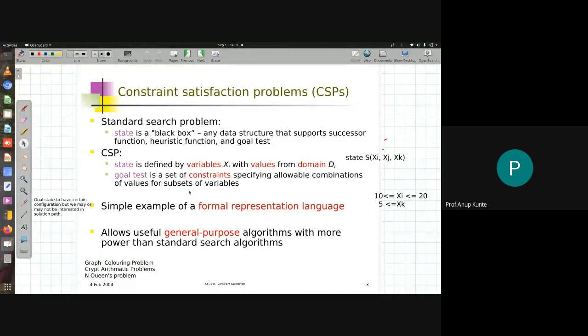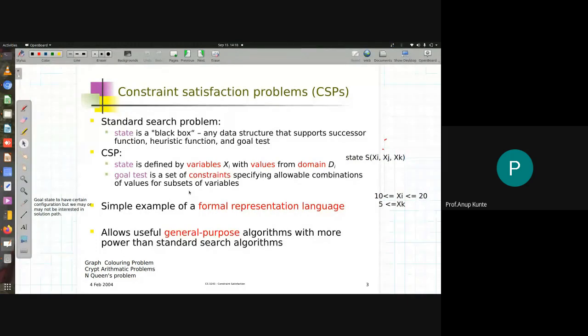CSP will also be finding a node in a state space, but it achieves it with added, specific information: which variables compose the state, what domains the variables have, and how I formulate the goal test, that is, how these variables are constrained. So these 3 things are very important in the definition of a CSP.